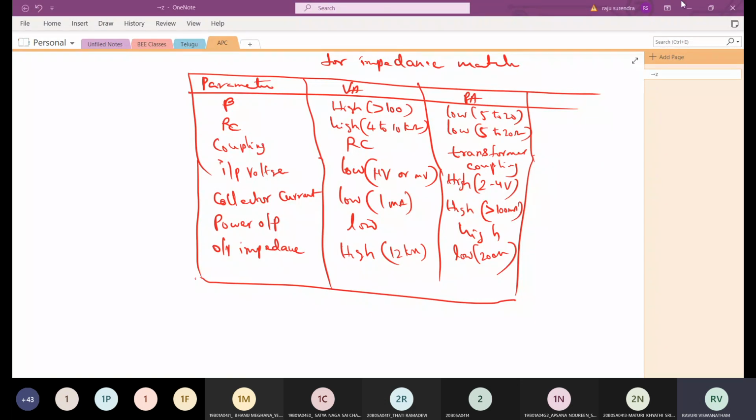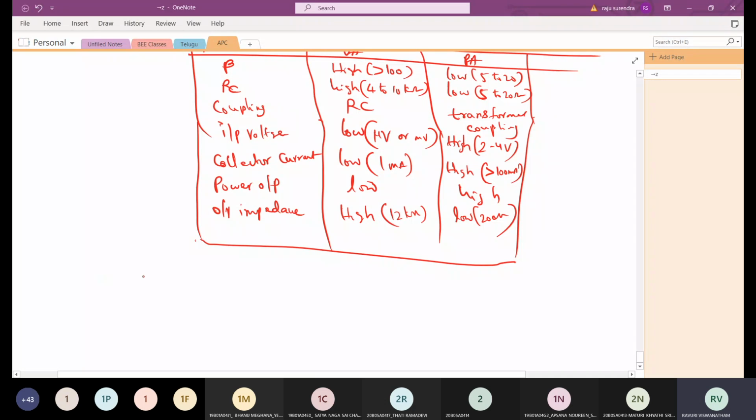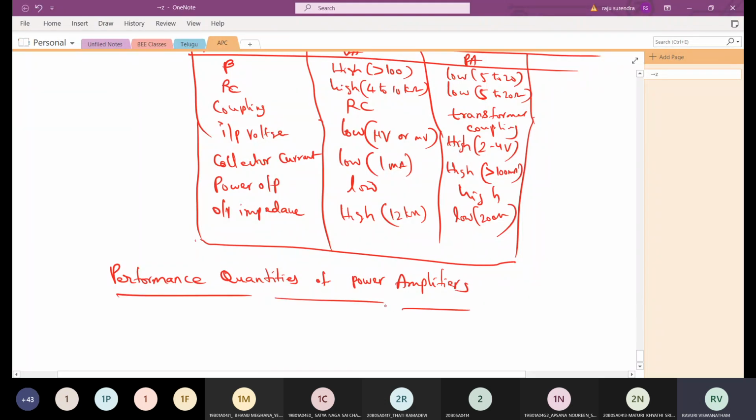And coming to the next concept, performance quantities of power amplifiers. We are always comparing the voltage and power amplifiers.